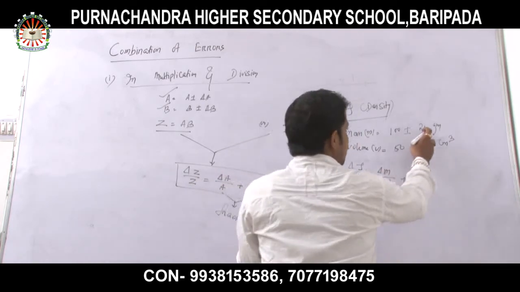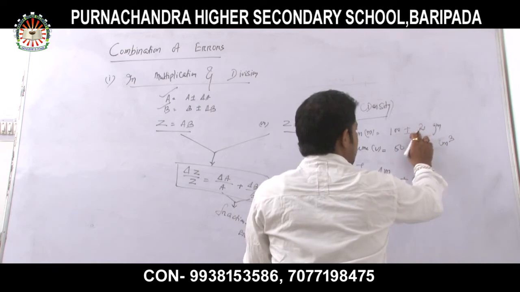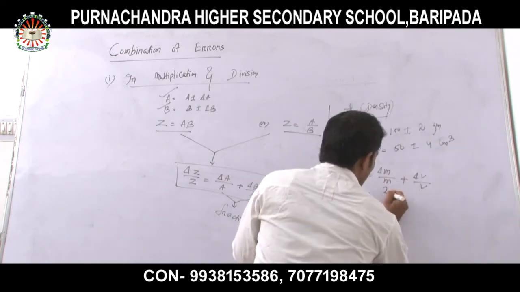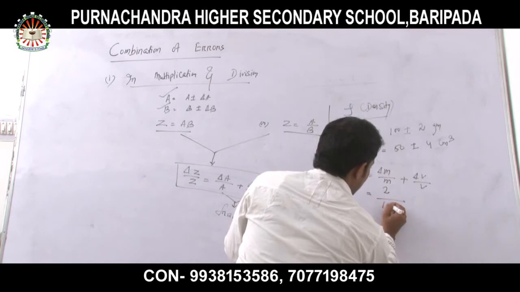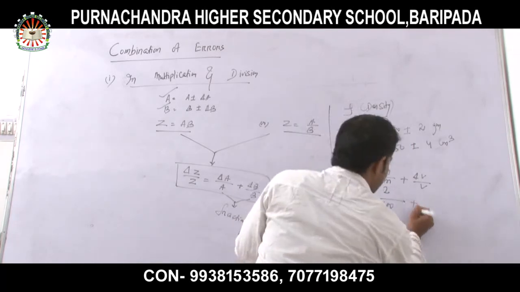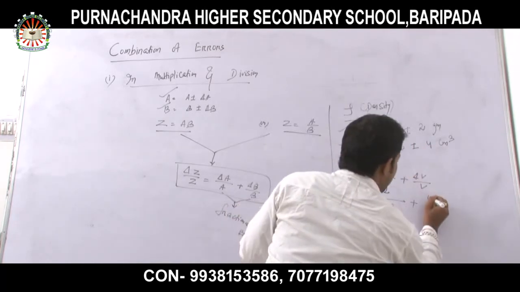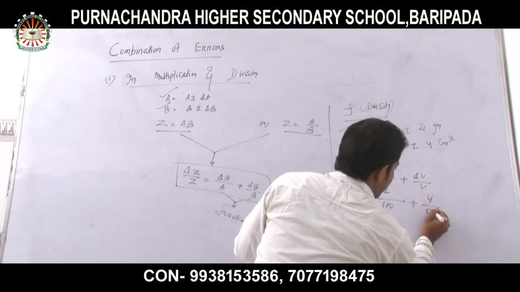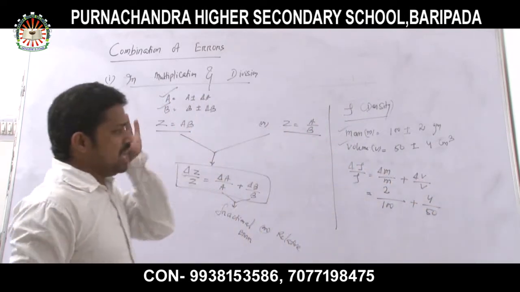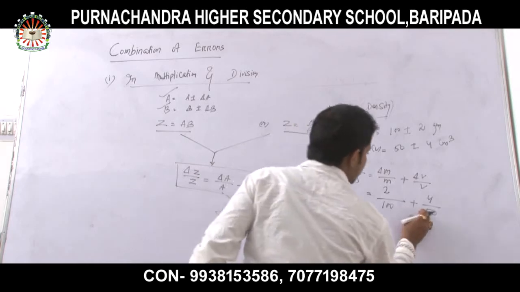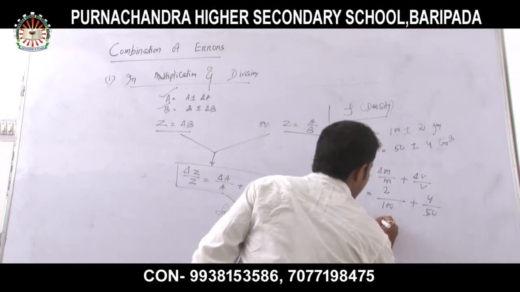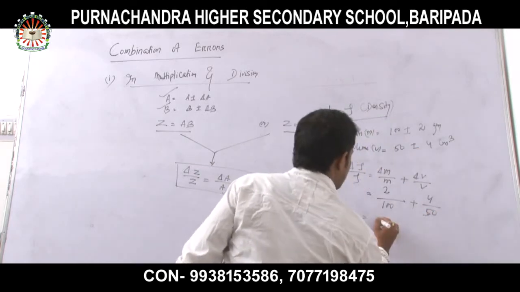Del m is equal to 2, m is 100. Clear? Plus del v is 4, v is 50. So let us solve it.